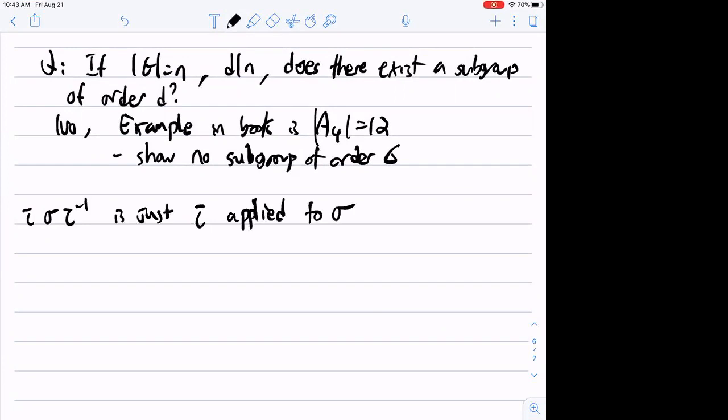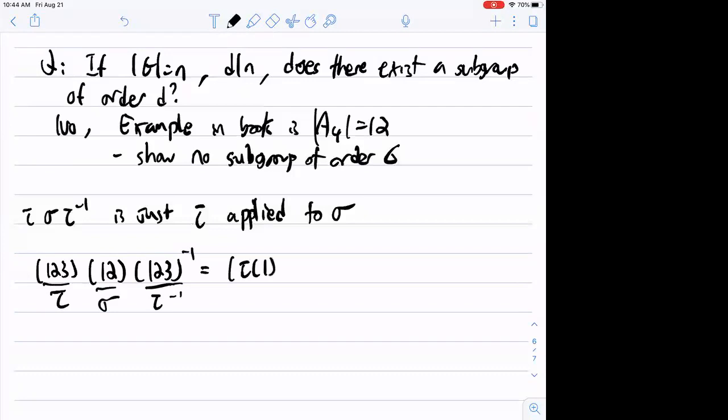Let me do an example, like (1 2) conjugated by (1 2 3). This is tau, this is sigma, and this is tau of 1, tau of 2.